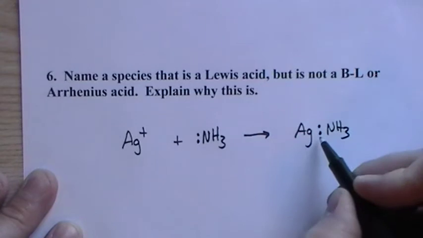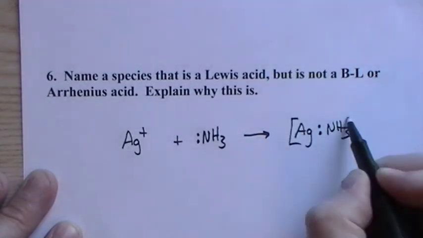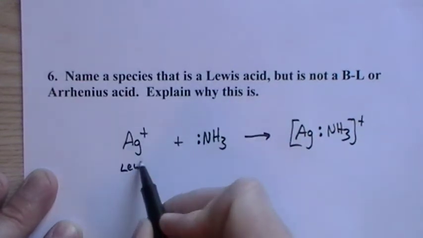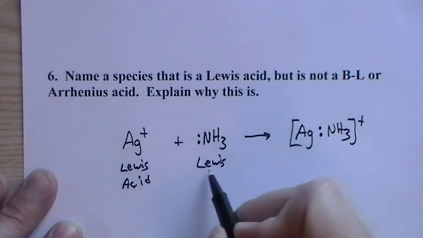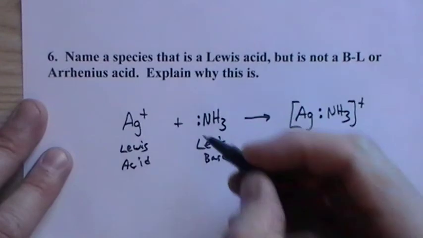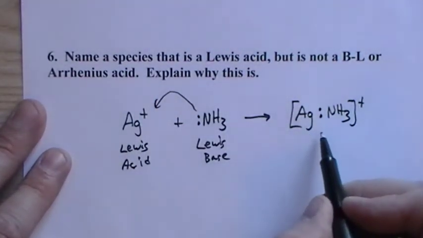It forms a coordinate covalent bond, so this is a coordination complex. Now, this is the Lewis acid, and so this would be a Lewis base. We'll see this more in a later chapter, but it accepts a lone pair, creating this coordinate covalent bond.